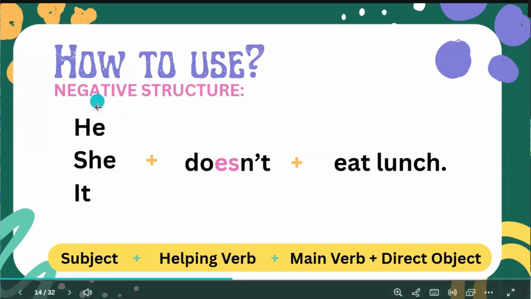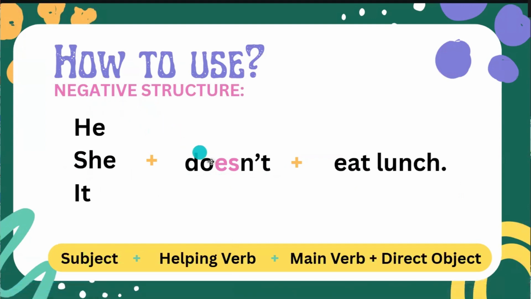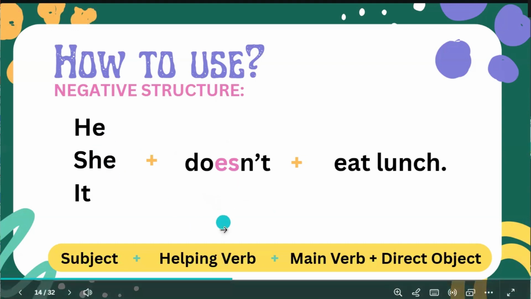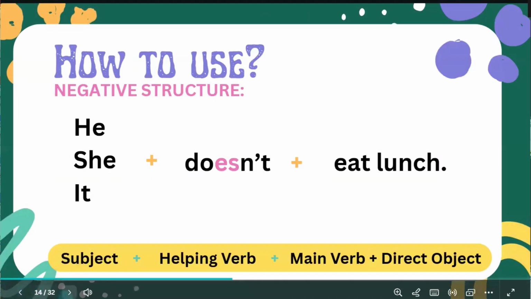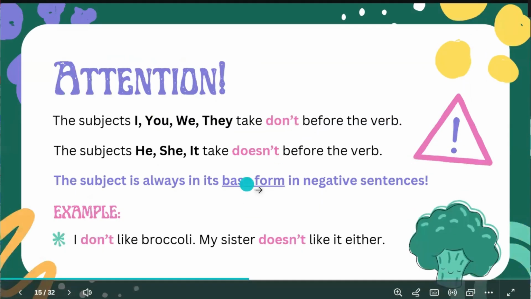Remember, sa negative structure, ang dadagdagan ng ES or S sa ating singular subject ay ang helping verb lamang. Okay. So mapapansin nyo dito sa ating wrap-up, ang ating example, I don't like broccoli.